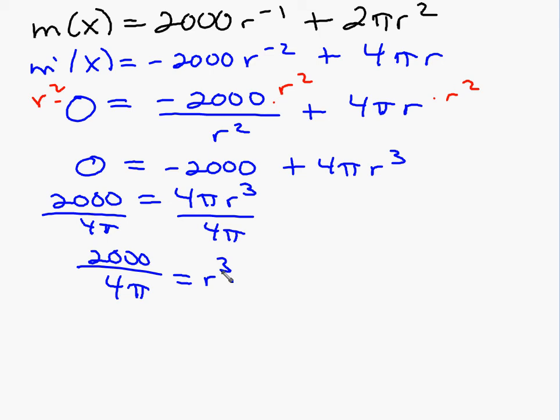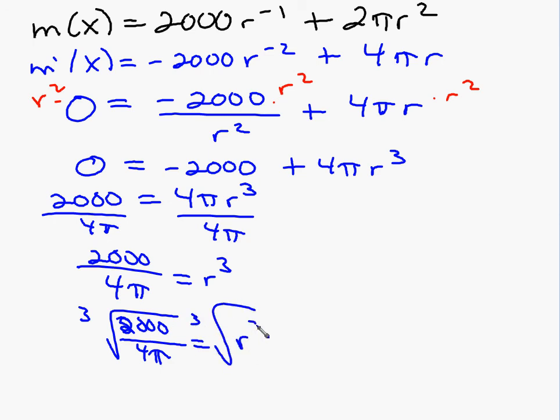This is a good place to have a calculator and find the decimal of this. We're going to take the cube root of both sides, the cube root of 2,000 over 4 pi and the cube root of r cubed. And when you do that, I think you get 5.42.